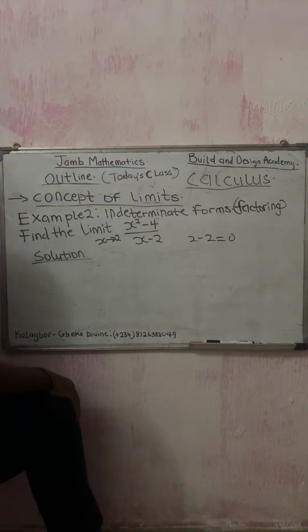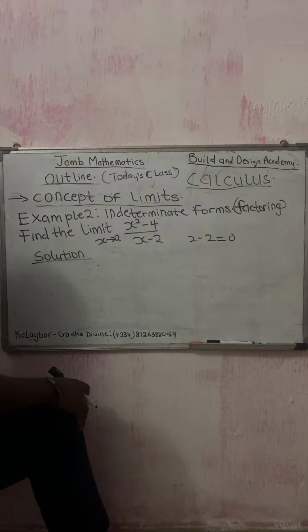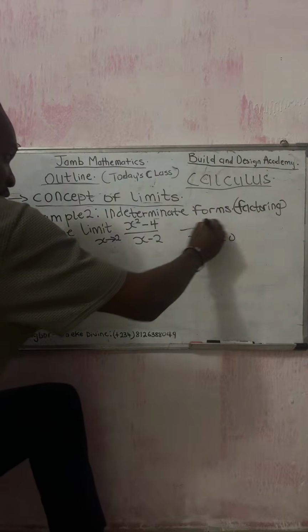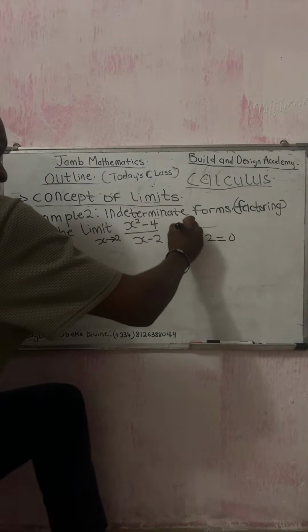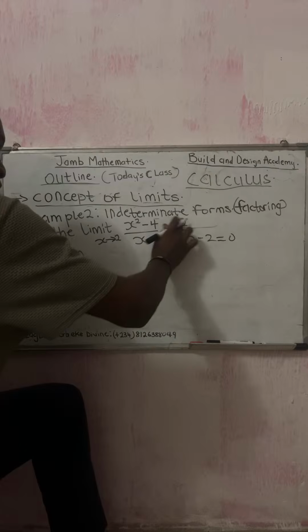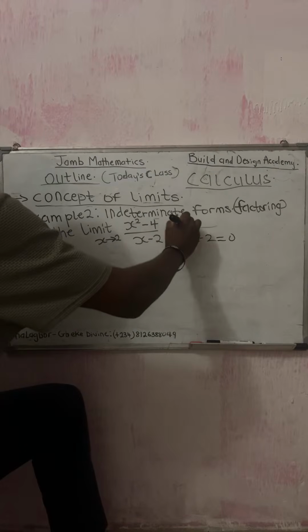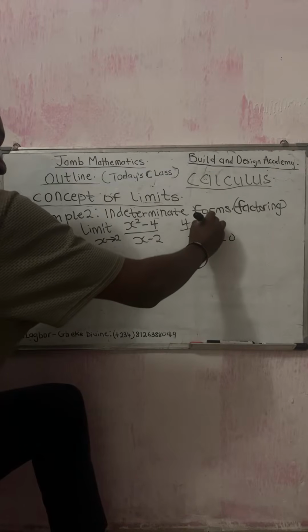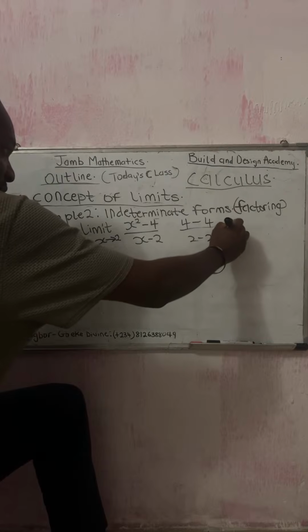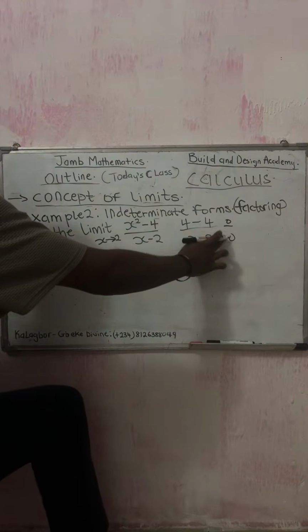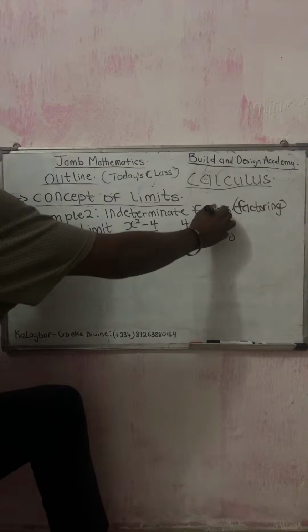And we don't want that. We need our limit to be defined. So now, what do we do? Even if we put 2 here, it should now be 2 squared, which is 4 minus 4. It should still give us 0. 0 over 0. It's not supposed to be like that. So it will not work.